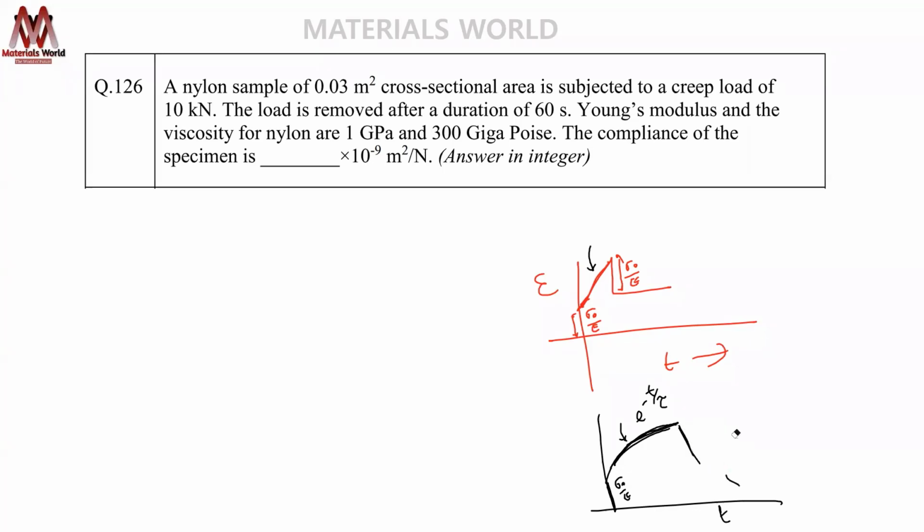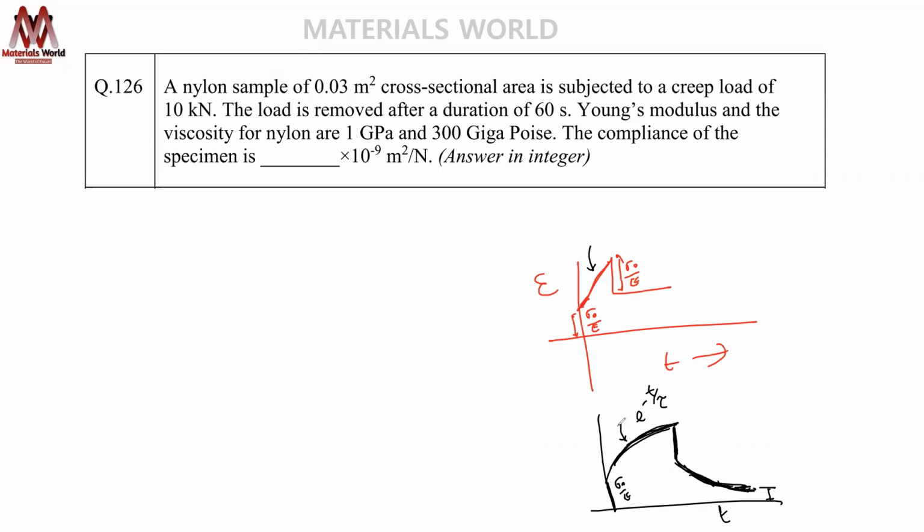Sorry, I should put the recovery element also, this one, and then you have elastic deformation recovery, and then you have recovery of the viscous element, and something will be plastic.